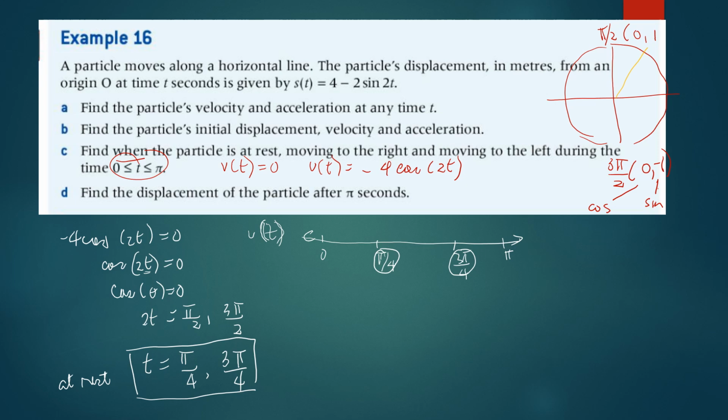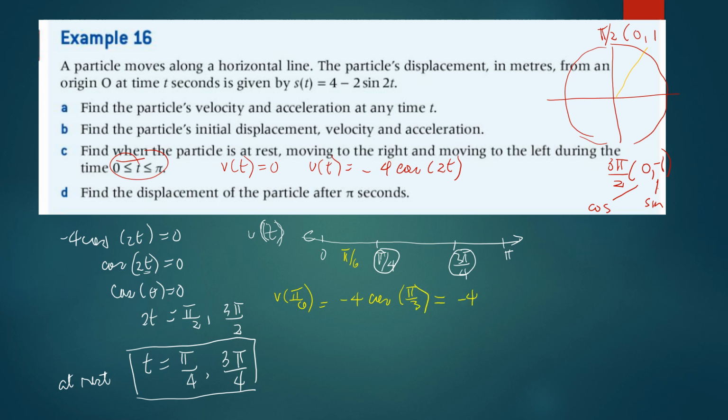Pi over 4 is 45 degrees and pi over 6 is 30 degrees, so it's less. So we can use the test point pi over 6. So v of pi over 6 equals negative 4 cosine of 2 times pi over 6, which is pi over 3.